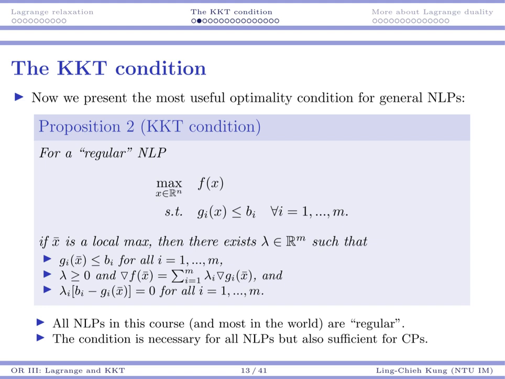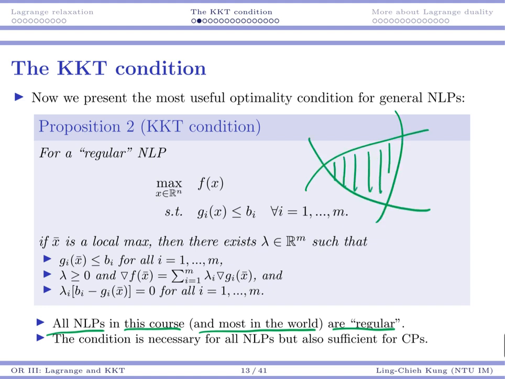Here there are several things to remind you. First, all nonlinear programs in this course and most in the world are regular. To define regular really requires a lot of effort. Technically that's called constraint qualifications. For example, in one situation your feasible region should have a non-empty interior or something like that.